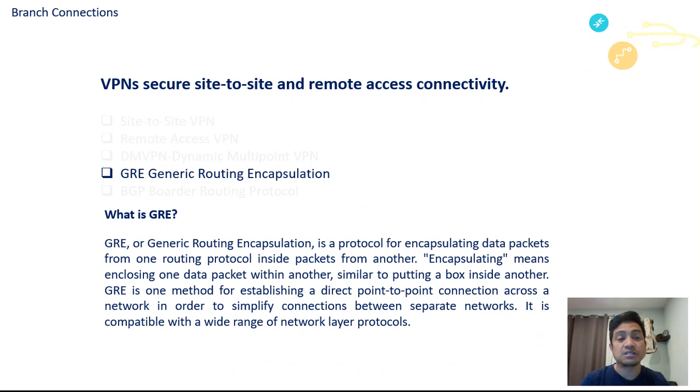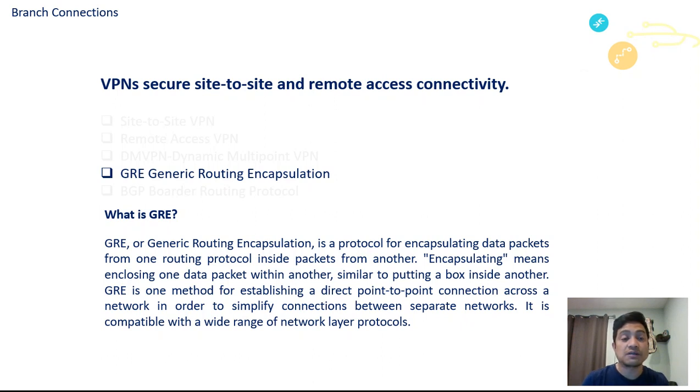So next is GRE, or we call it generic routing encapsulation. So what is GRE? GRE is a protocol that encapsulates data packets from one routing protocol inside packets from another.